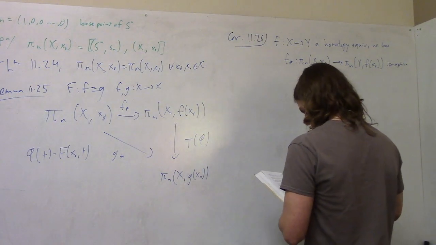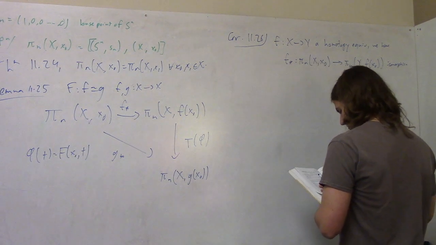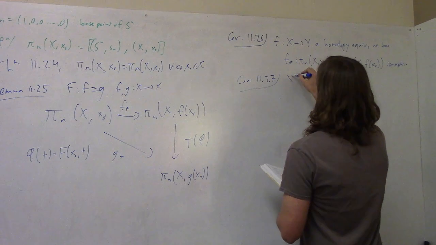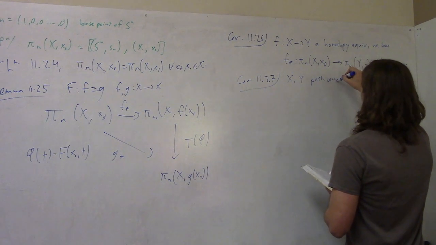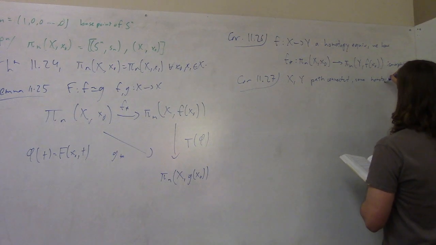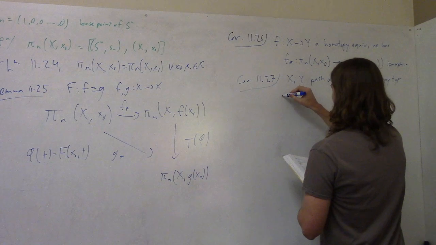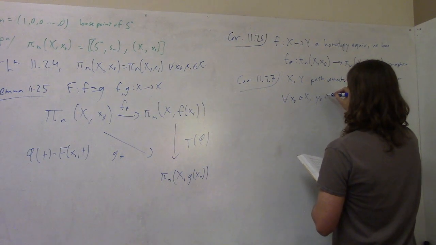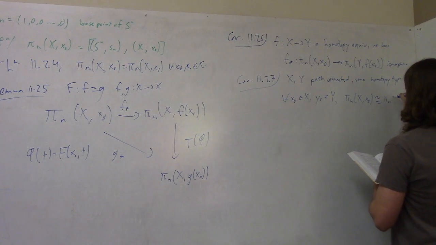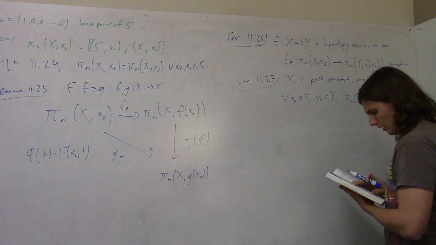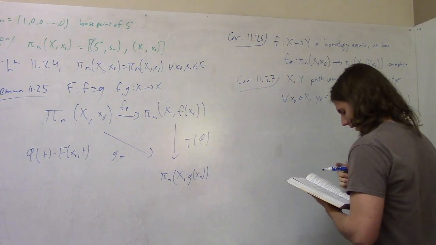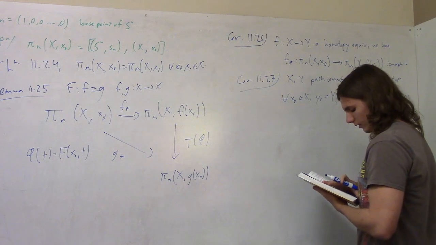Another corollary, corollary 11.27: if X and Y are path-connected with the same homotopy type, then for all x0 in X and y0 in Y, pi n of (X, x0) is isomorphic to pi n of (Y, y0). The proof is really easy because you can go through using the last corollary, getting from pi n of (X, x0) to pi n of (Y, f of x0), which makes it an isomorphism.